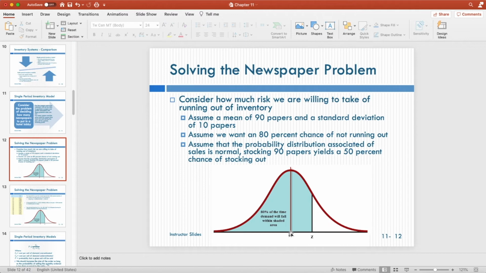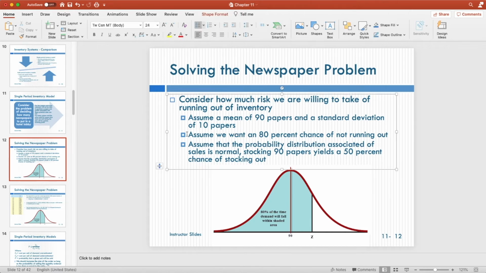It means that the probability of 90 papers being sold to the customer is highest. The probability that 90 papers will be sold is highest. That's it. And the standard deviation is 10 papers. That basically captures how this probability disperses to numbers away from 90.